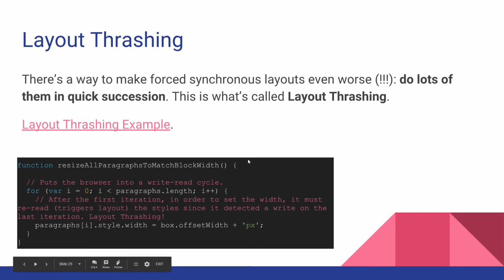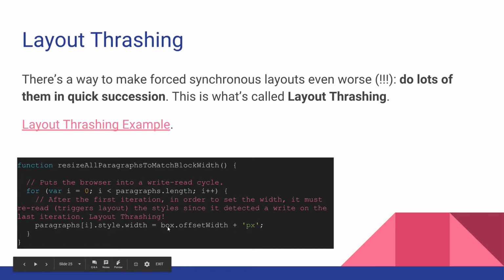Now, let's move into layout thrashing. Ooh, this is a scary one. I think I've been guilty of this, but let's not talk about that. There's a way to make forced synchronous layouts even worse by doing lots of them in quick succession. That's called layout thrashing, and it's like a cardinal sin if you ever do that. In this example, it looks all good and harmless, like, I'm just changing the style width of one of these paragraphs.